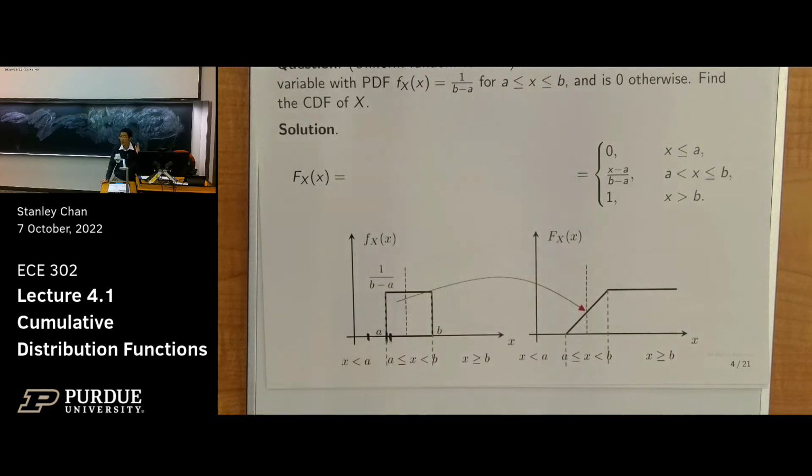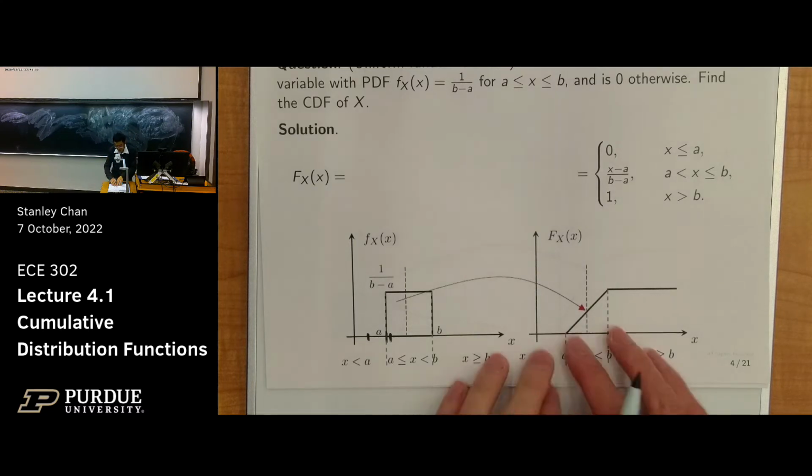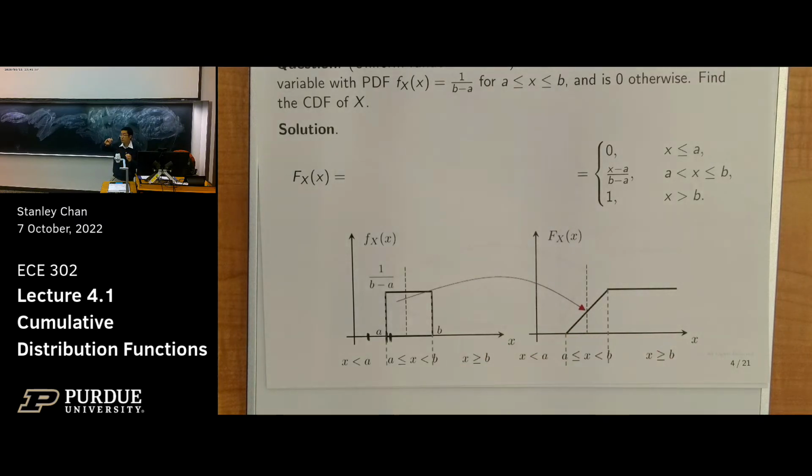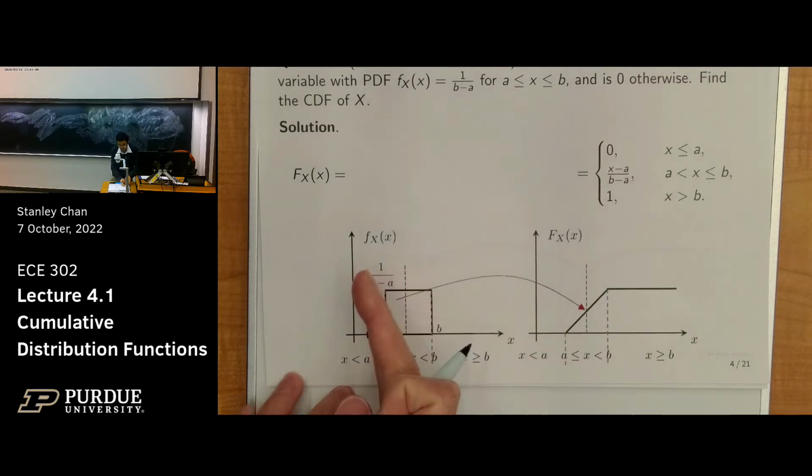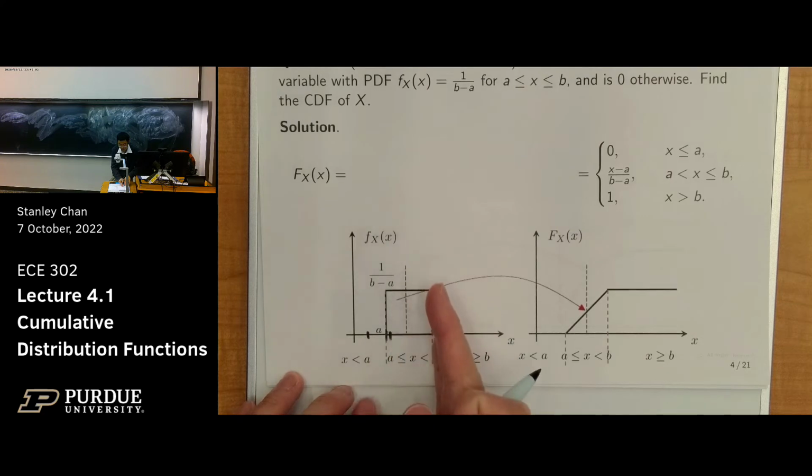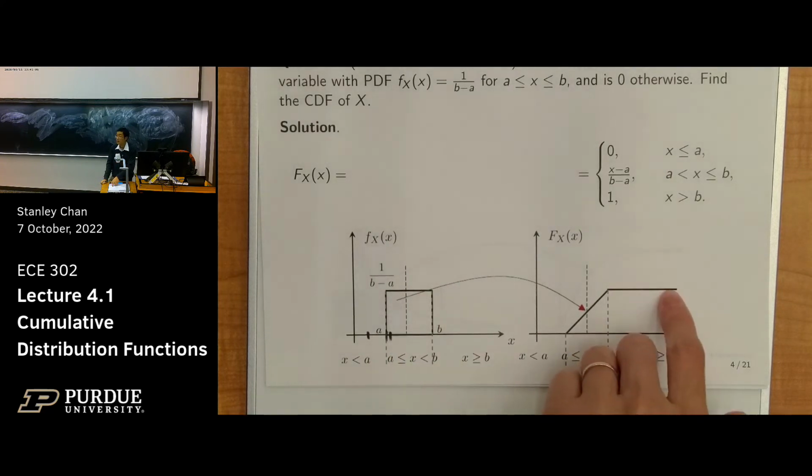When you see the cutoff, then you will start to see some increase of this area under the curve. So that's why you should expect to see something going up. And then after you have gone through this rectangular function, you should expect it to stay there forever, which is the 1. So you already have this picture of start with 0, go all the way to 1, something going up. Now, how should this look like?